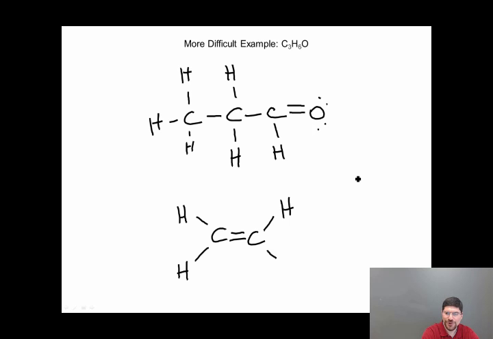I can add my 3rd carbon. And I can add my oxygen, which is also going to need a hydrogen, and 2 lone pairs, and I have come up with another structure with 3 carbons, 6 hydrogens, and 1 oxygen.